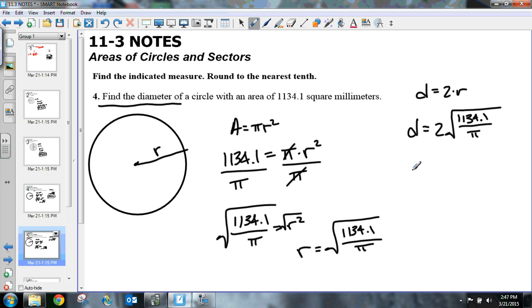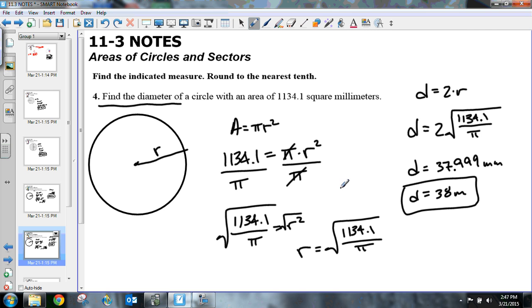And if I put that into my calculator, I get like 37.999, and this is millimeters. We can just round that up. If we round it to the nearest tenth, that would just give us 38 millimeters. So again, this is just an algebra problem.